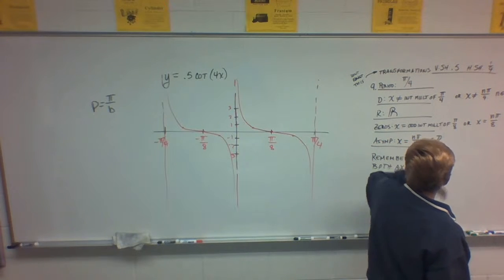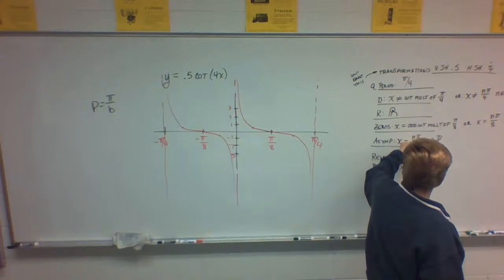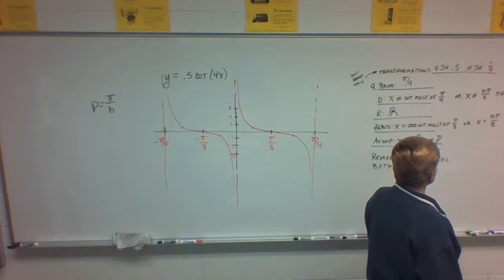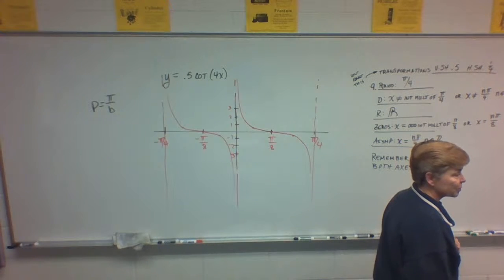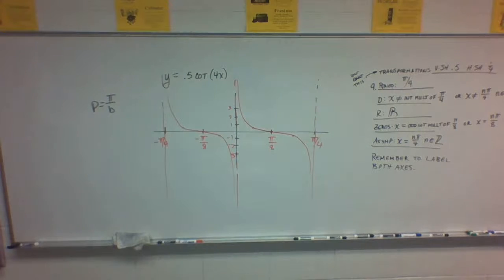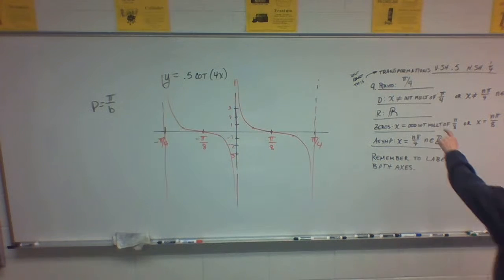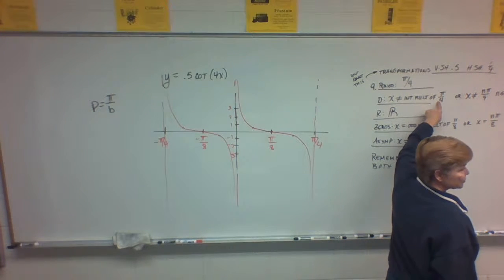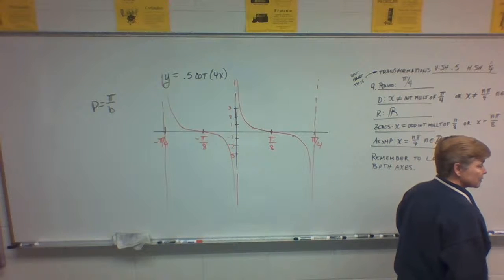You need to indicate that what we multiply pi fourths by must be an integer, otherwise we won't get to the next asymptote properly. You can write int, indicating integer multiples of pi fourths. If you want to write it out in words, that's fine.